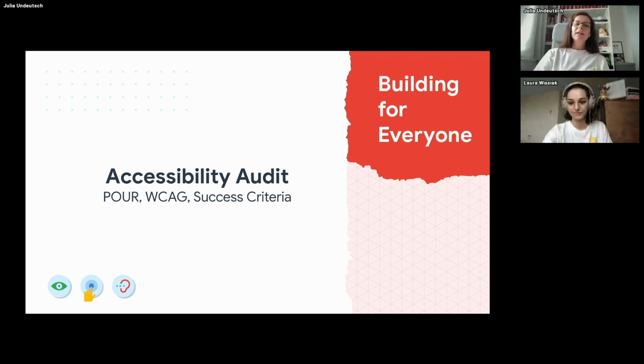So let's start with the accessibility audit. At my gym, they were eager to learn about accessibility. And Laura and I thought this is really cool because this is what we are talking about all day.